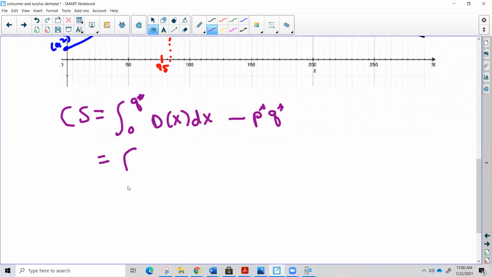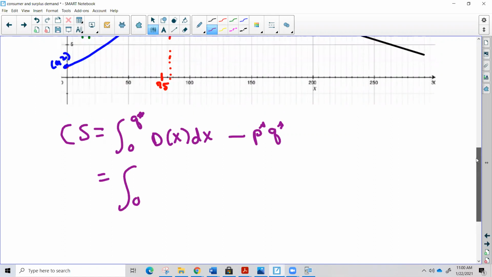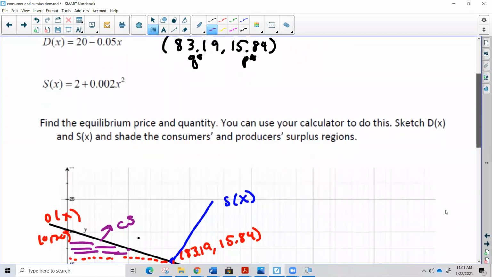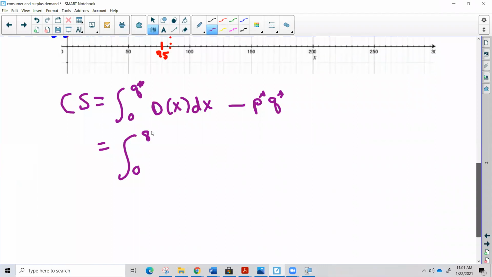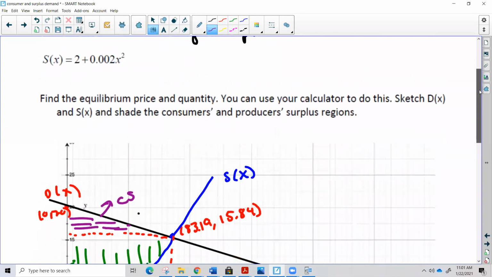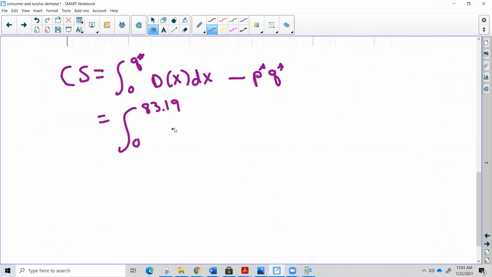So our consumer surplus is going to be 0, 2. Our Q star is the x value of the equilibrium point. Again, we're going to do 2 decimal places, so 83.19. I'm going to put the demand function, which is 20 minus 0.05x. Make sure you put your dx here, minus, and then I'm going to do my p times q, which is 83.19 times the q.